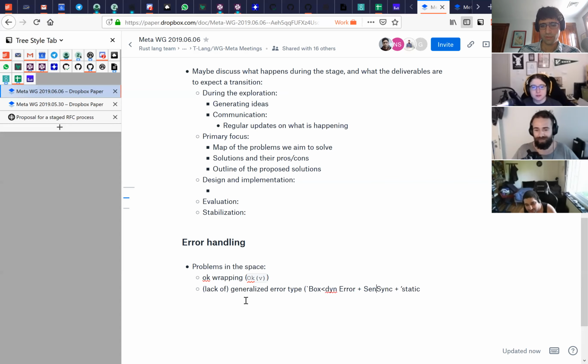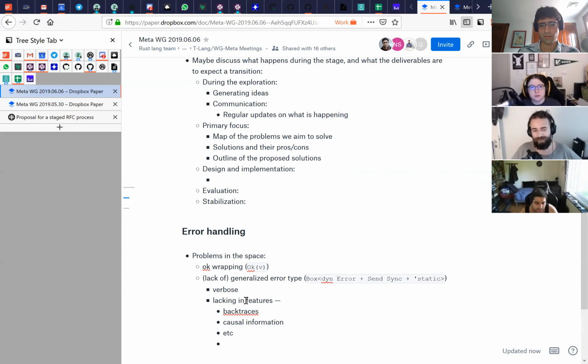Is that your point? I think it's not only that, but also lacking in features. Yep, maybe worth emphasizing. So verbose, trait alias, lacking in features: backtraces, causal information, etc. I don't know what the etc. is. Probably worth it. That may be it.